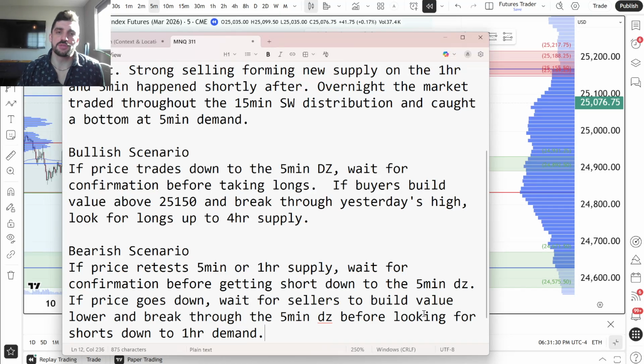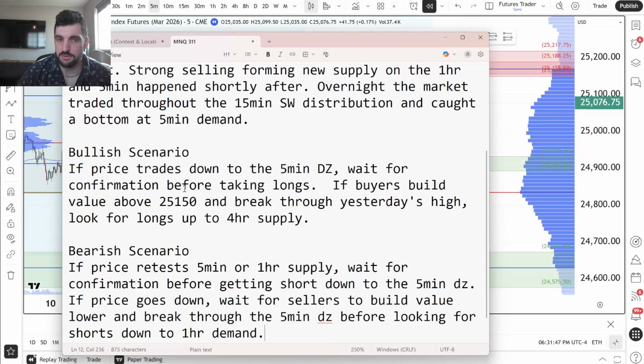And so these would be the scenarios here. So I'm going to go with the bullish scenario. If price trades down to the 5-minute demand zone, wait for confirmation before taking longs. If buyers build value above 25,150 and break through yesterday's high, look for longs up to the 4-hour supply. So I got two plans for each.